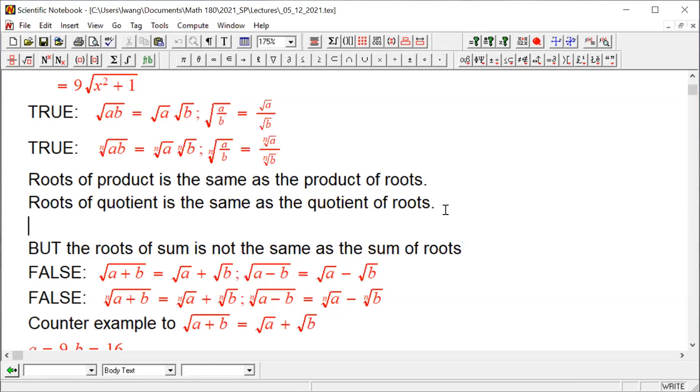So handling the roots is another category of questions that you will encounter. Okay, let's continue this.